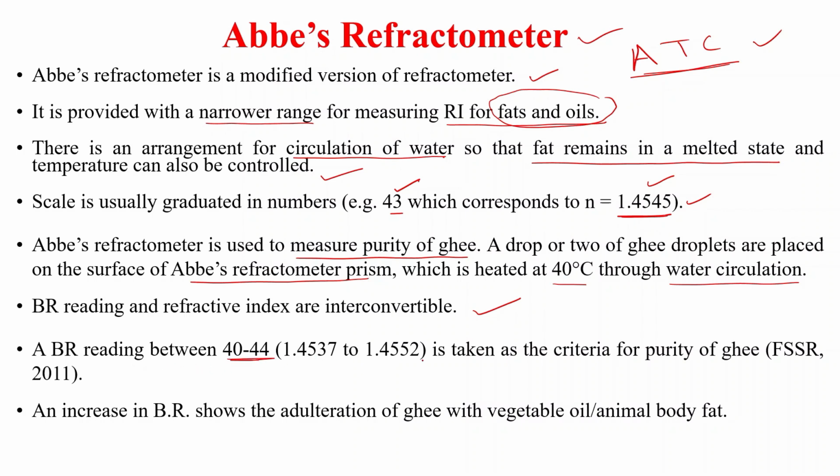Any deviation from this indicates adulteration with animal body fat or vegetable oils. Please note that when vegetable oils or any body fat are added to the ghee, the BR reading of ghee increases, and that may indicate the presence of an adulterant in ghee.